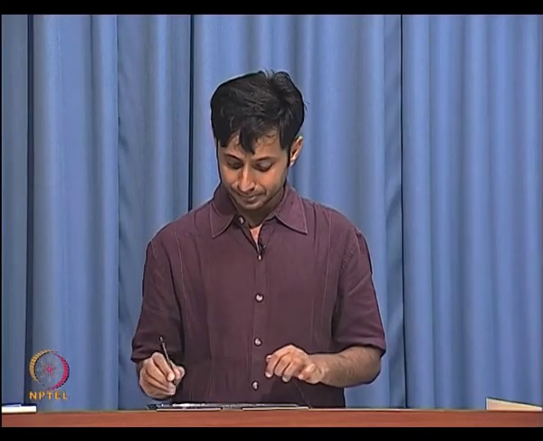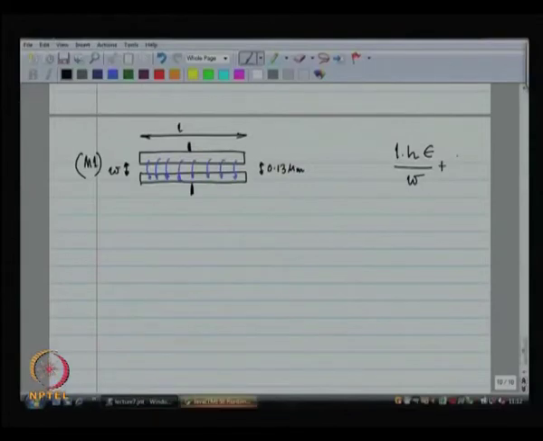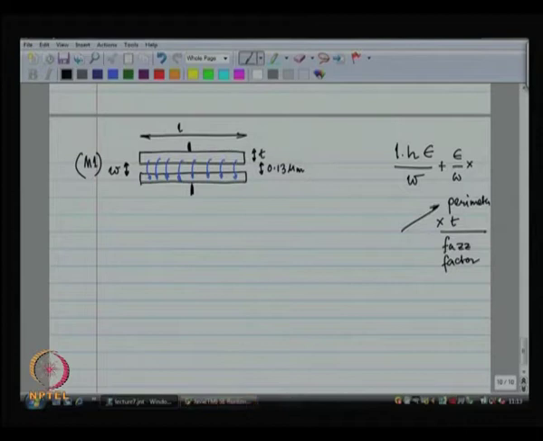What is the perimeter here? The perimeter is twice L plus the height of the metal.